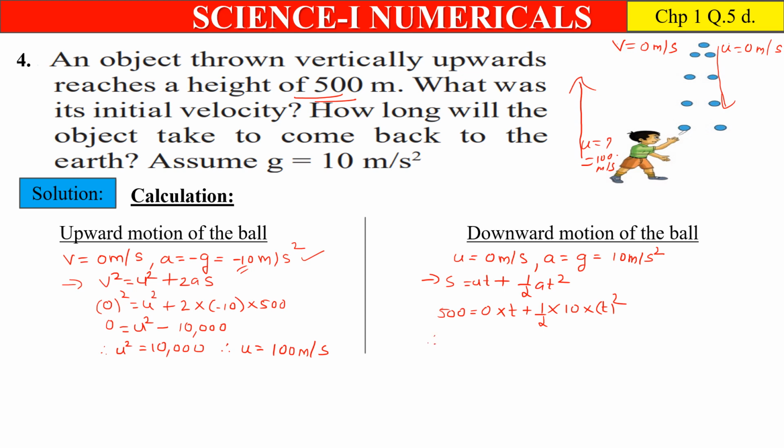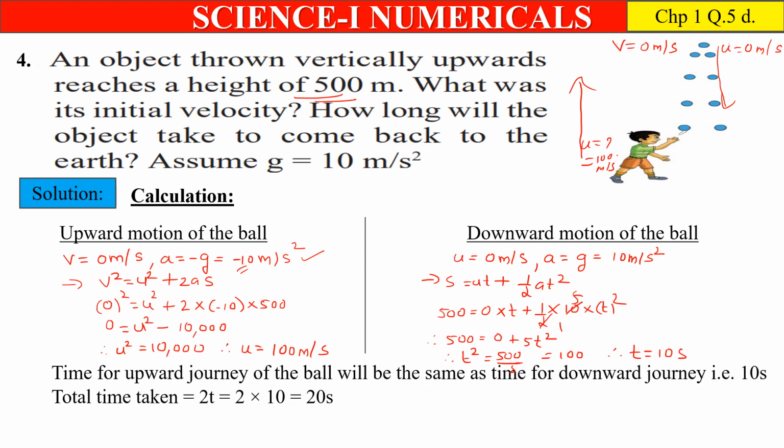So 500 is equal to 0, and here 2 ones are 2, 2 5s are 10, so plus 5t square. Therefore t square is equal to 500 upon 5 is equal to 100. So taking square root we will get t is equal to 10 seconds. Yes, so we got the value as 10 seconds.